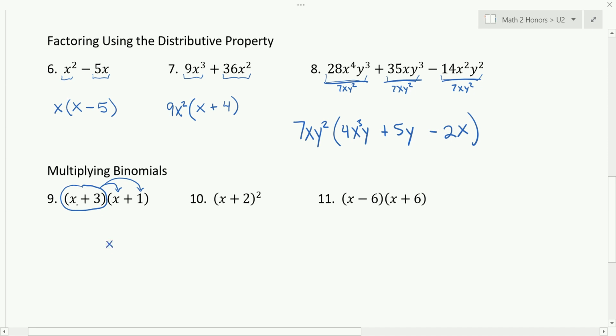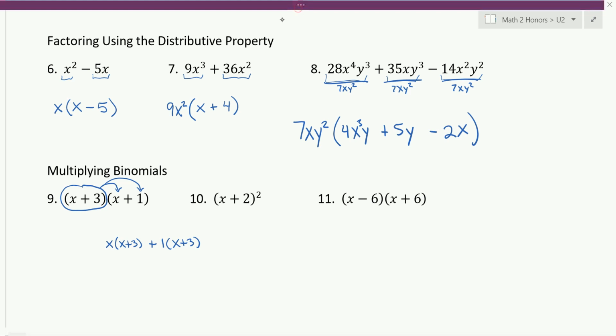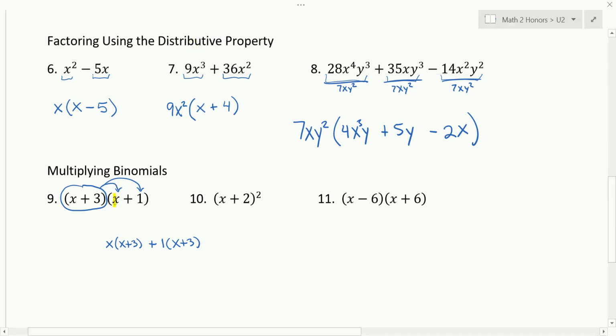I'm going to multiply that x with the x plus 3, plus the second piece is the 1, and I'm going to multiply that with the x plus 3. I need you to see where things are coming from. I'm just taking that x plus 3 and multiplying it with the x, and taking that x plus 3 and multiplying it with the 1. Just as we would with one term, you can distribute more than one term at a time.